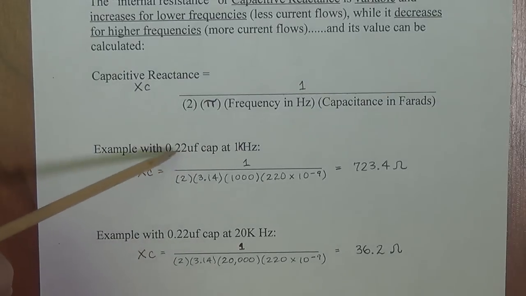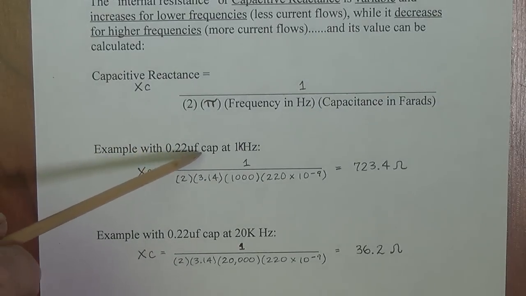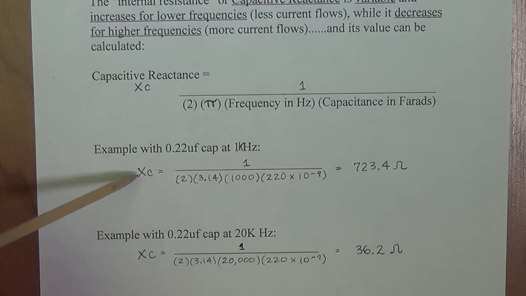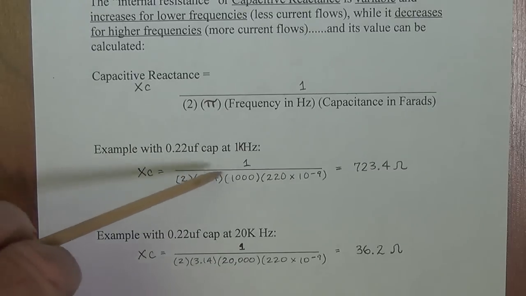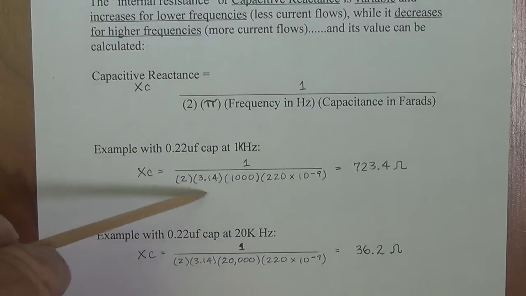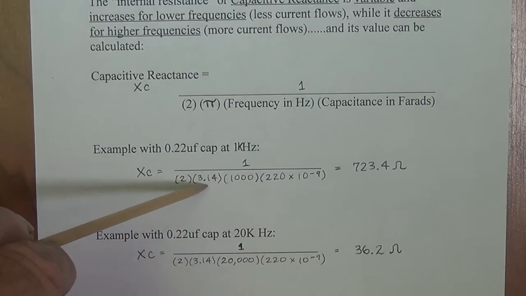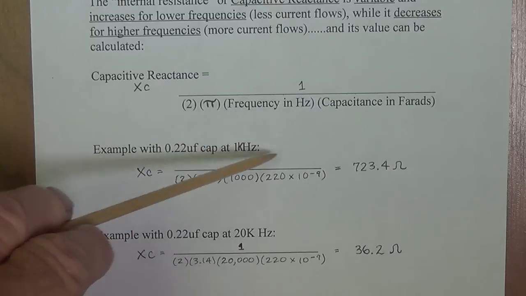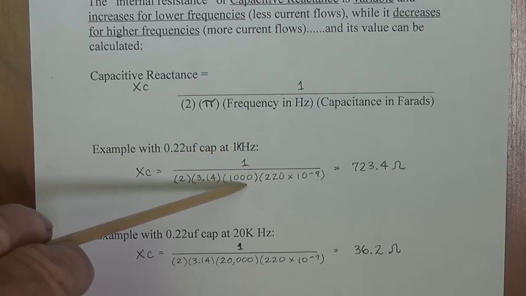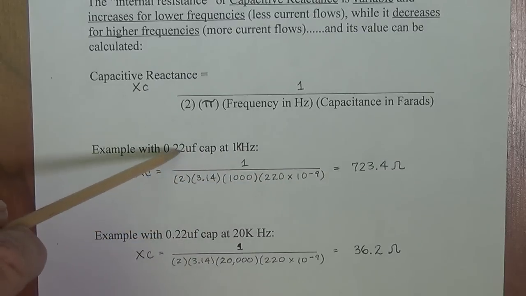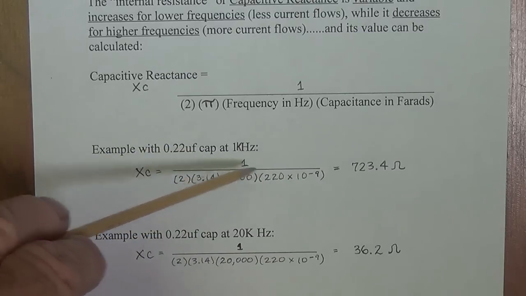Let's use a 0.22 microfarad cap at 1,000 cycles per second, or 1 kilohertz. Okay, we'll say then that Xc, or capacitive reactance, is equal to 1 over 2 times pi, and I simplified it down to just 3.14, times 1,000 cycles per second, times the conversion of 0.22 microfarads into farads.